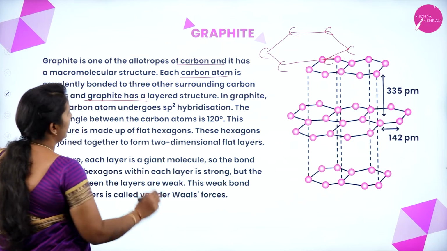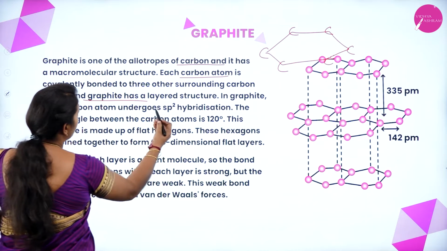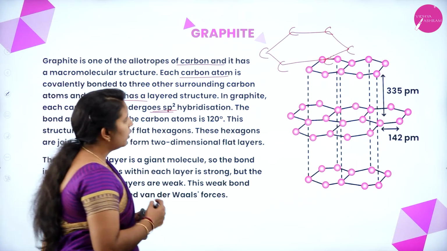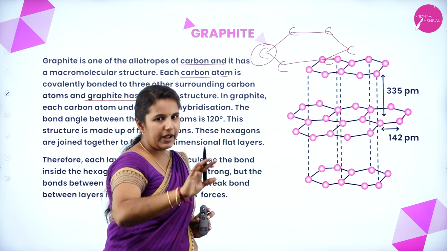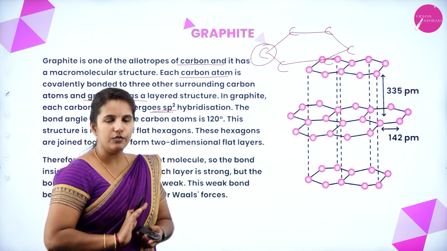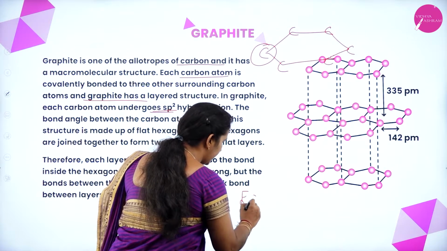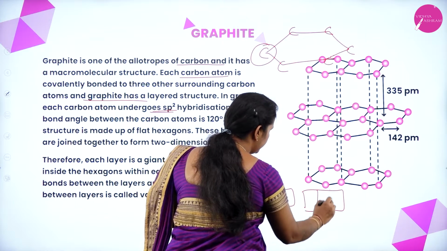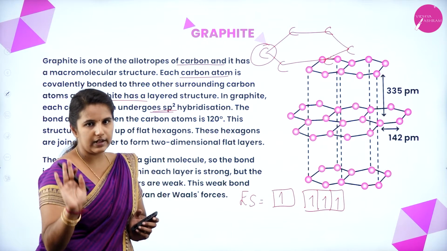So graphite is a layered structure, and in graphite, each carbon atom undergoes what? sp2 hybridization. How do you say it is sp2? Already I have told that each carbon atom is bonded with 3 other carbon atoms. Thereby, it forms a plane-like structure, and the layers can slide over one another. And if you see the electronic configuration in the excited state, 4 electrons are available for bonding and hence the valency will be 4.